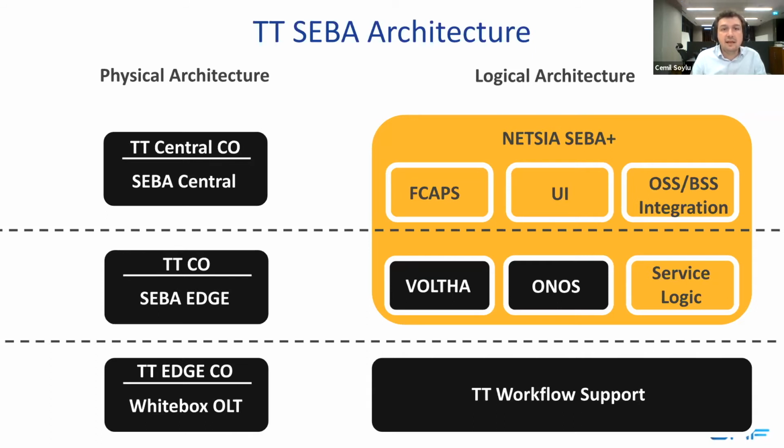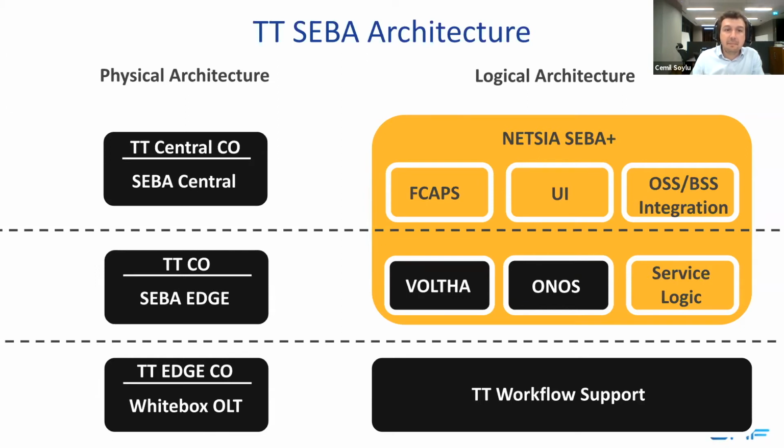Hopefully, they will share their compute power with all of the virtualized access networks in the near future. And at the top of all, there will be a management domain which we call SEBA Central. And this is something we are proud of, actually, because this is the point where both logical and physical integrations are done with our OSS BSS systems.